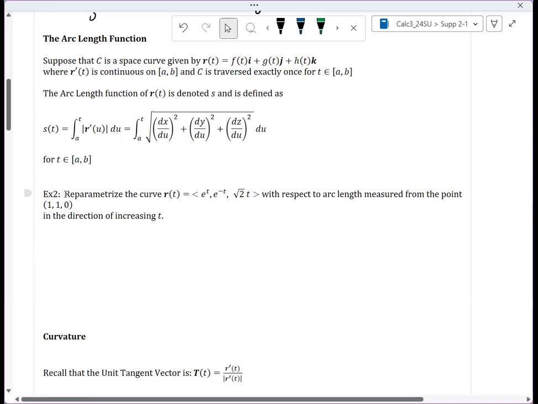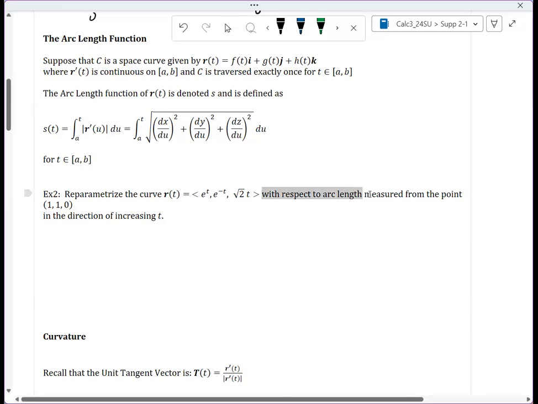Okay, so example 2, let's reparameterize the curve r of t equals e to the t, e to the negative t, square root of 2 times t. Right now it's parameterized in terms of t, which is just kind of an arbitrary parameter. It's not super closely tied to the curve itself.